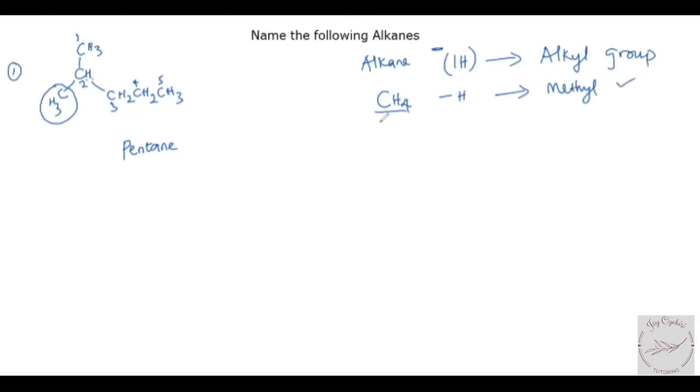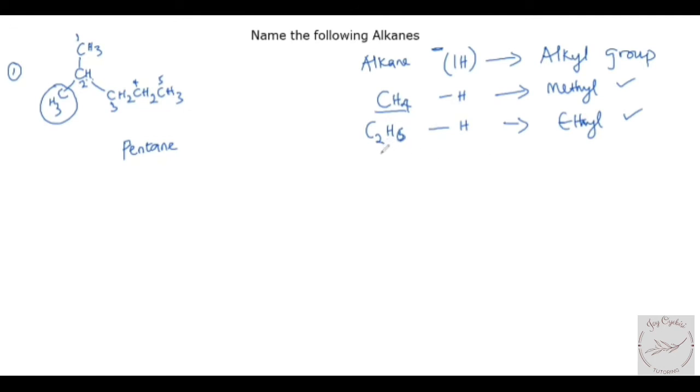Now, when you go to the 2 carbon alkane, which is an ethane in this case, when it loses 1 hydrogen, it will be called ethyl group. Okay, so you'll be meeting a lot of this as we go along naming.